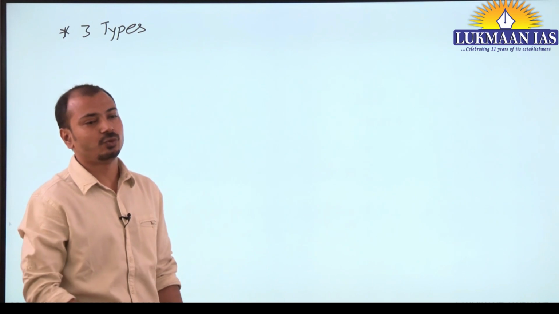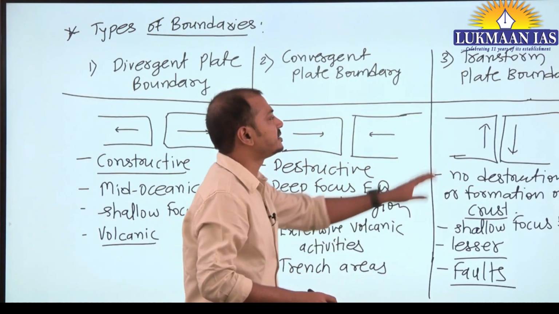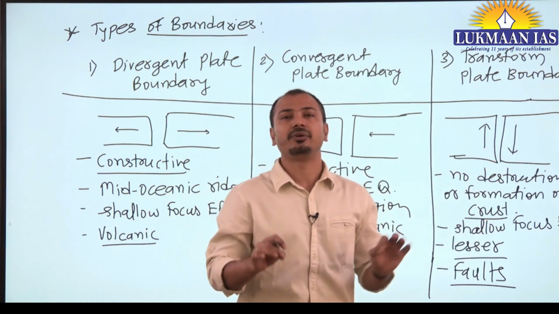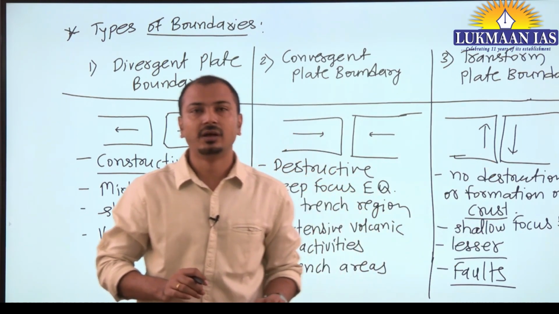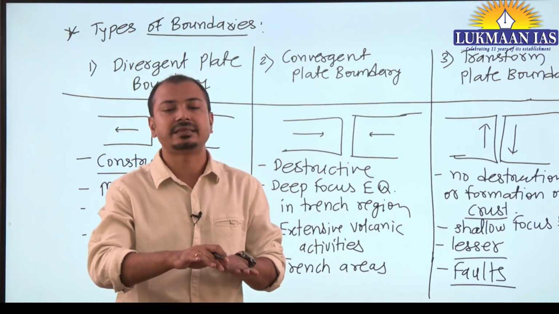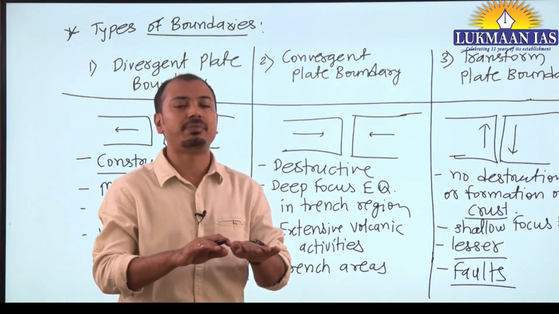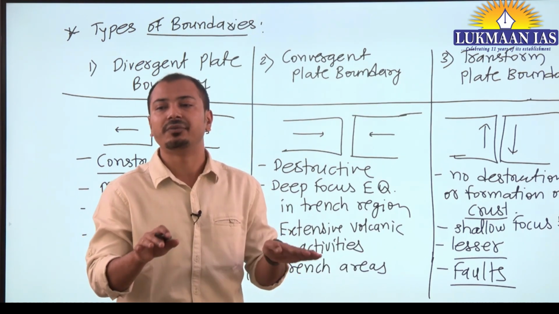Again I am repeating, the movement of these plates is also happening because of convection currents. Just the direction of the currents underlying these plates is exactly opposite. That's why they are moving past each other, not towards or away from each other.